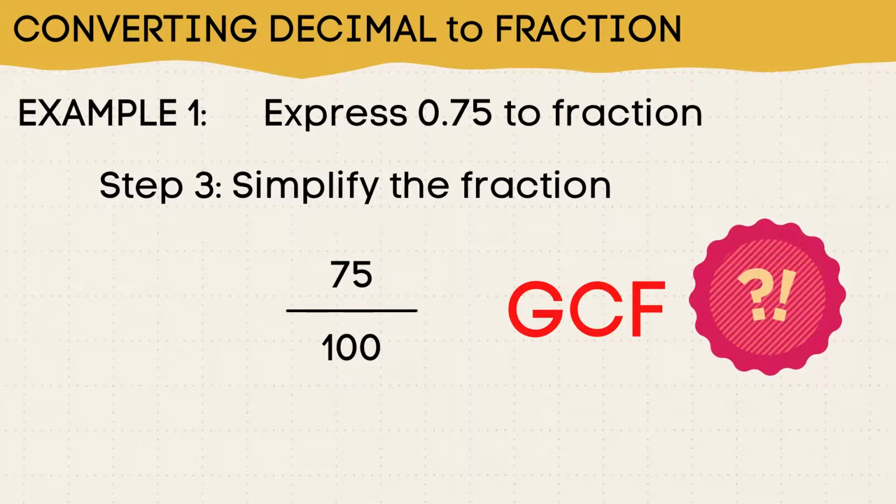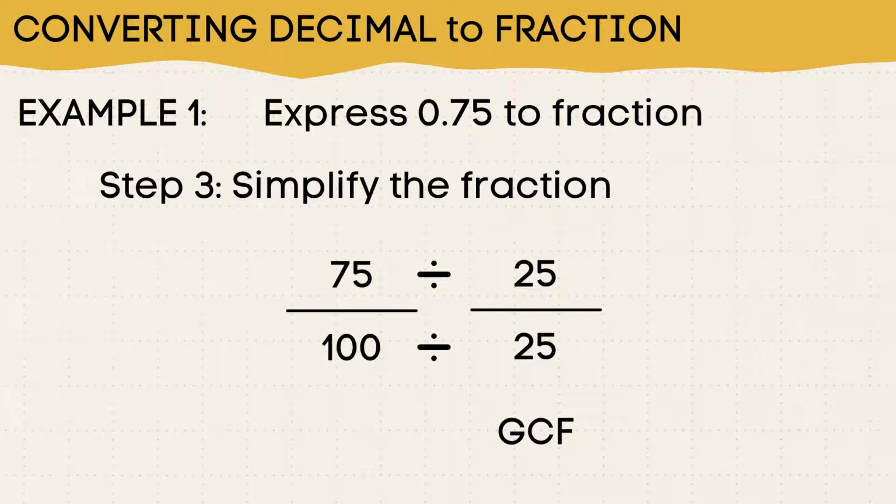How are we going to simplify the fraction 75 over 100? Okay, so we are going to make use of the GCF, or the greatest common factor. So what do you think is the greatest common factor of 75 and 100? So the greatest common factor of 75 and 100 is 25.